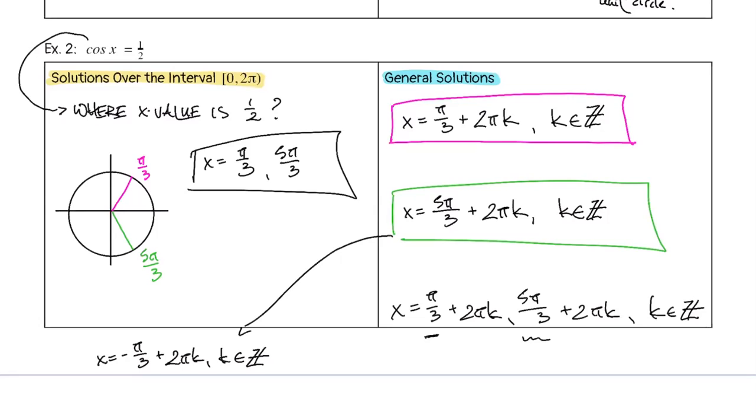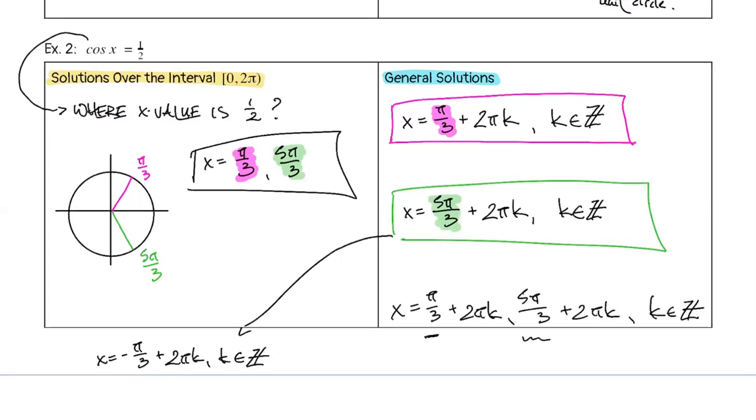But I think what is important to recognize is if we're looking for solutions from 0 to 2 pi, like this pi over 3, it makes it easy for us to find the general solution. And then calling this 5 pi over 3 is the only way to answer the first question. But when you get to here, in theory, you could call it whatever you wanted to call it in the general solution.